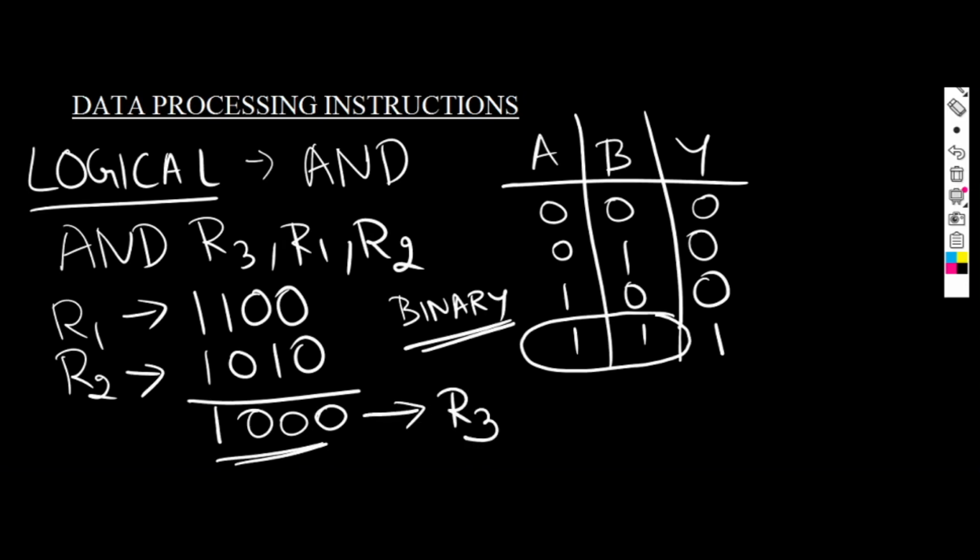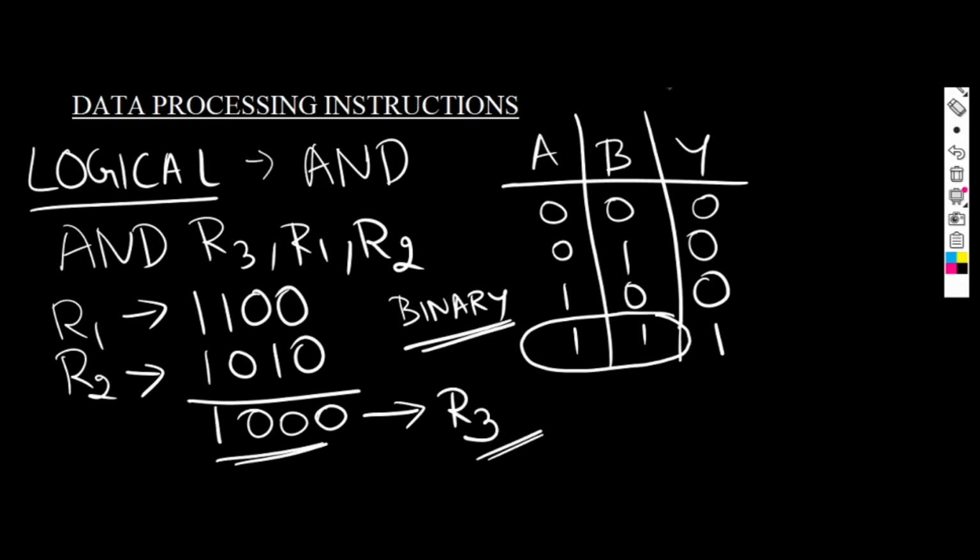Whatever value is given in R1 and R2, take its binary form, and based on this truth table, only if both the inputs are 1, output will be 1. Otherwise, output will be 0. Based on that, calculate the answer. That should be the final result you obtain.